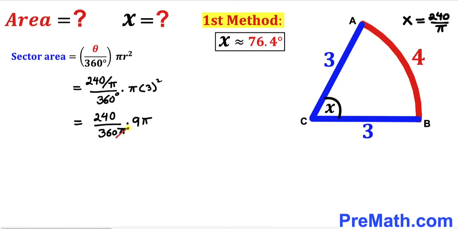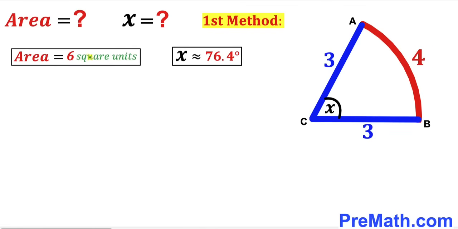Here we can see the pi and pi are gone, and 240 divided by 360 reduces to 2/3. So we can write 2/3 times 9. Therefore this sector area is going to be equal to 6 square units.